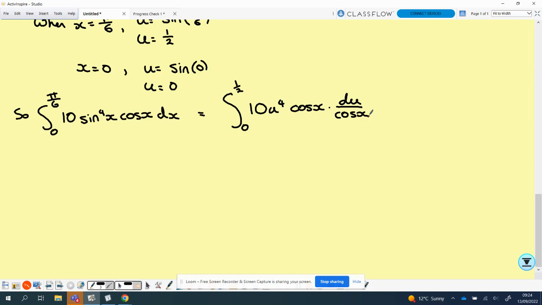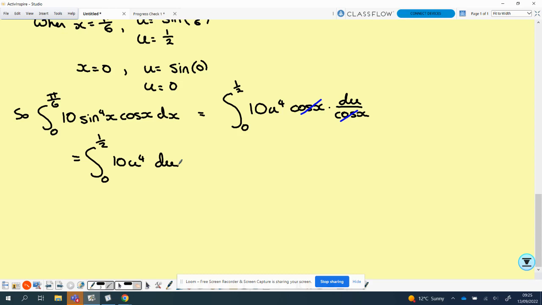So that's what dx was. And again, thankfully, cos x's will cancel. So therefore, I'm going to get the integral between a half and 0 of 10u to the power of 4 du. Okay, so we get down to that stage there.